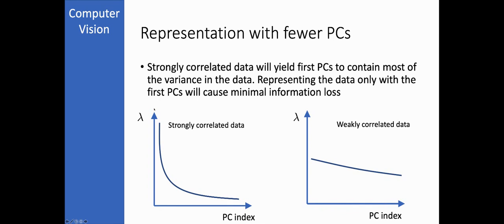So I can represent the samples using only a very few components here. As opposed to this, if I look at weakly correlated data, then the principal components will have such a curve. So all principal components will have high values, meaning that in order to faithfully represent the data, I need a lot more principal components.